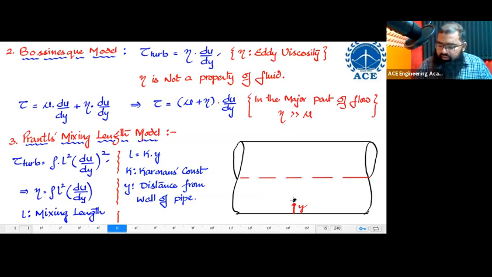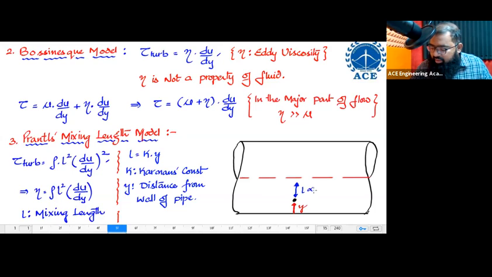Now this fluid particle, according to turbulent flow, is supposed to intermix with another layer. So let us say this fluid particle is traveling and intermixing with some other layer. It has traveled this much distance and has intermixed with some other layer. The distance traveled by the fluid particle to intermix is known as your mixing length.